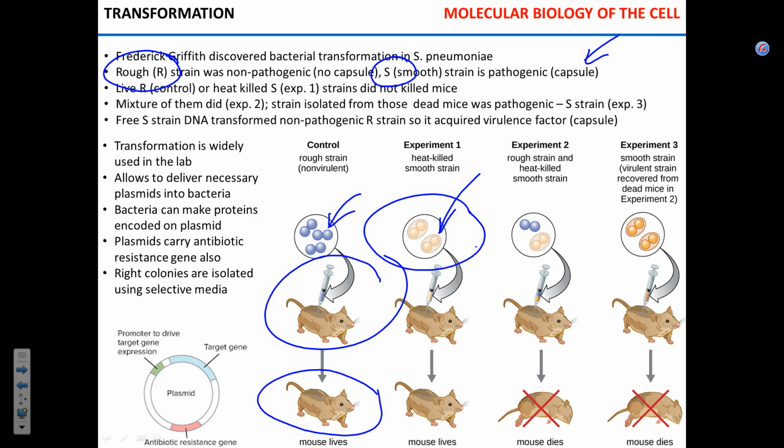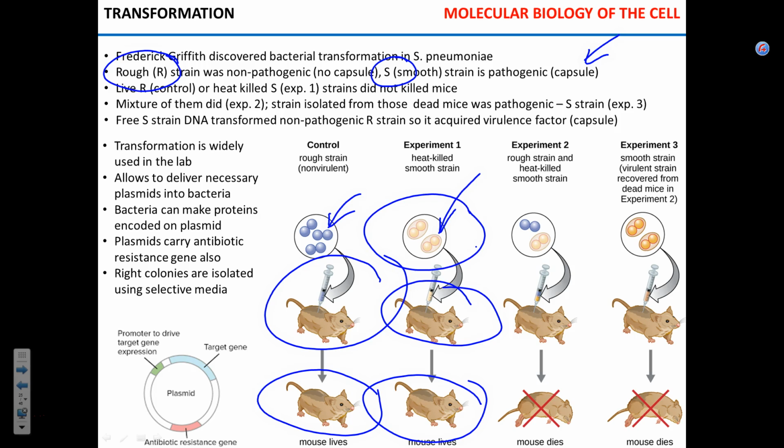Then he took a smooth strain, the pathogenic one, and destroyed it with heat. Killed bacteria with heat, and inoculated that inactivated bacteria into the mice again. And expectedly, mice survived.